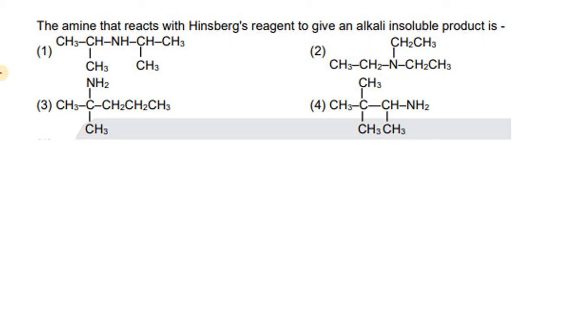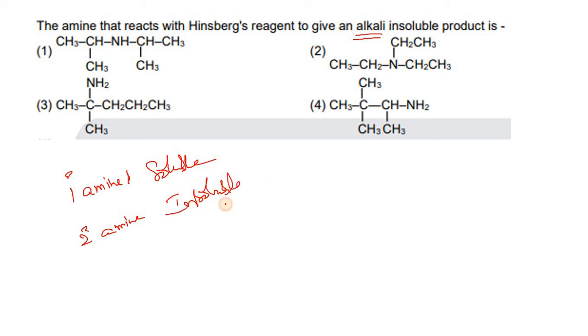The amine that reacts with Hinsberg reagent to give an alkali-insoluble product is... We know that primary amines give products that are soluble. In the case of secondary amines, there is a formation of alkali-insoluble product.